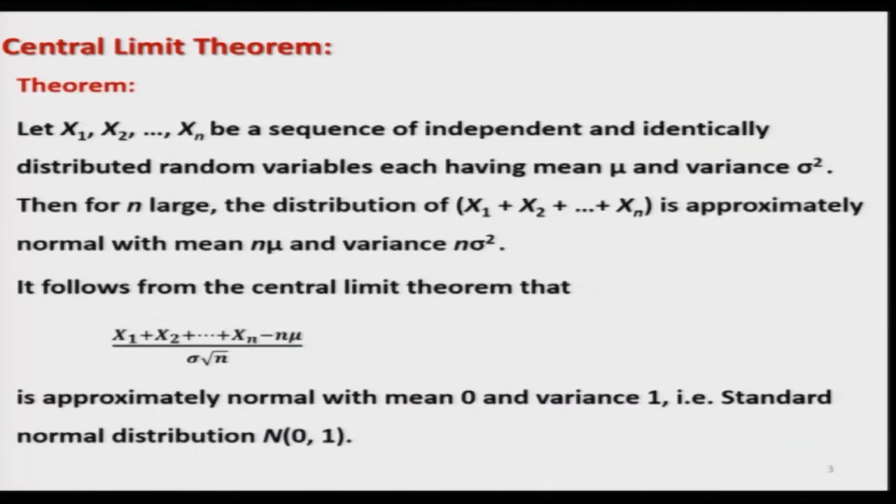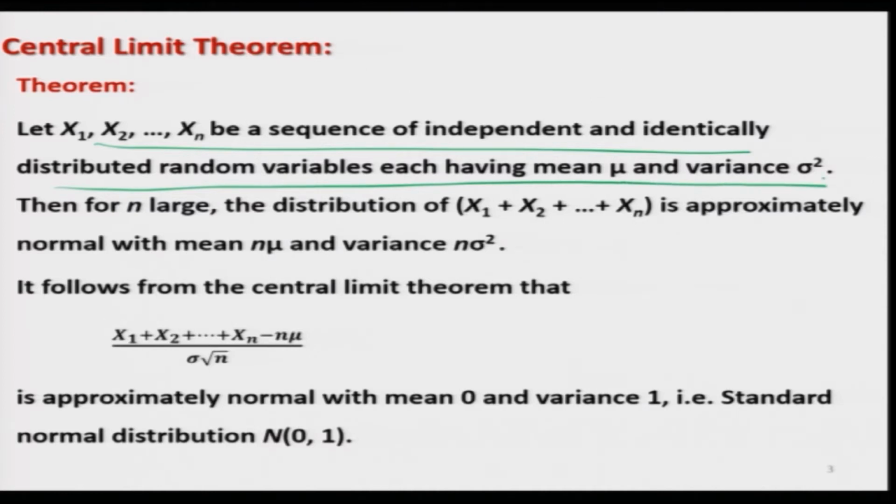This theorem says: let x1, x2, ..., xn be a sequence of independent and identically distributed random variables, each having mean mu and variance sigma square. I am not assuming any distribution, nor saying whether x1, x2, ..., xn are discrete or continuous.